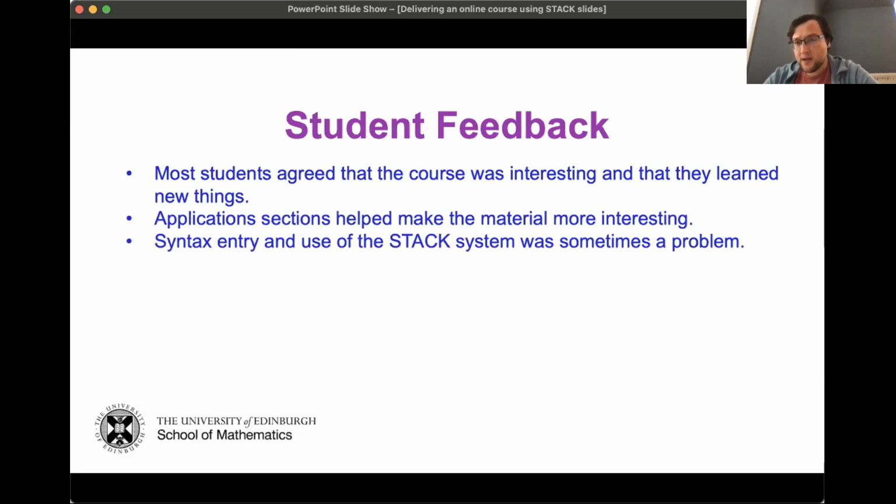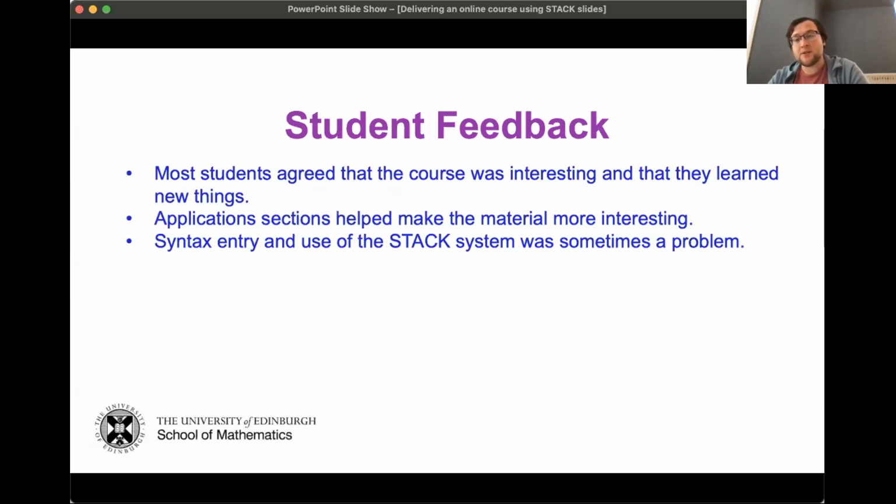What seemed to be a problem was entering syntax into the answer boxes in the STACK system. This was a problem in the first year it ran. So the next year that the course ran, I made an introductory syntax entry quiz, so the students had to work through that and just practice entering answers.